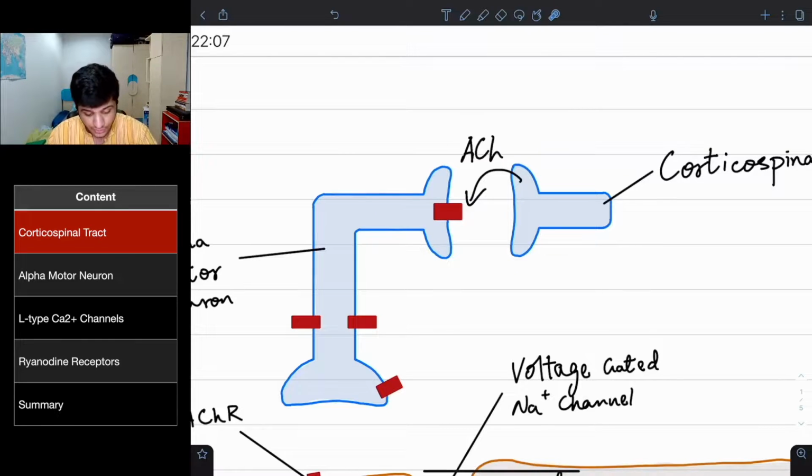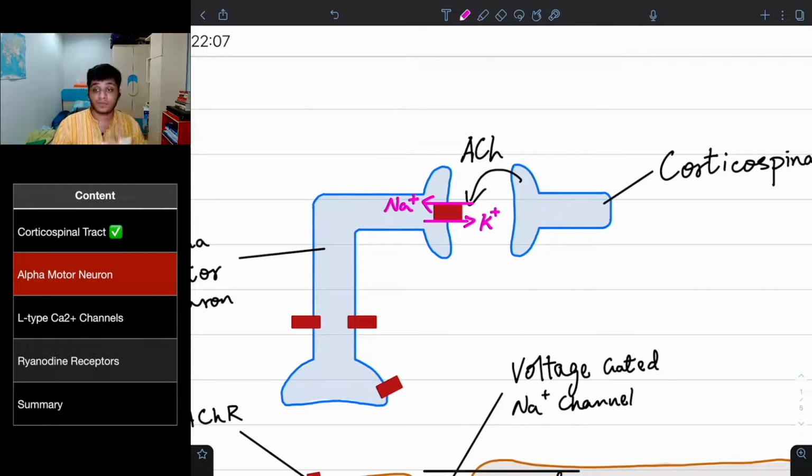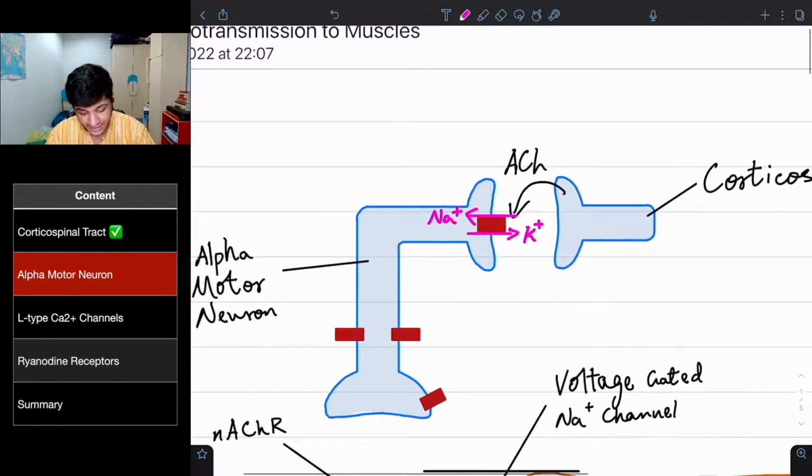So the neurotransmitter acetylcholine binds to a neurotransmitter receptor, and this causes influx of sodium ions and an efflux of potassium ions. Of course, this depolarizes the cell, or the axon hillock.